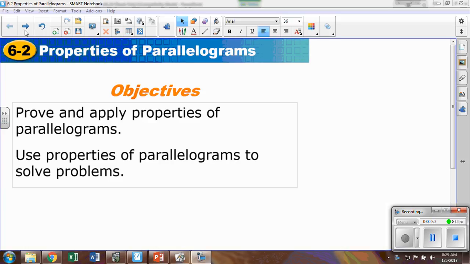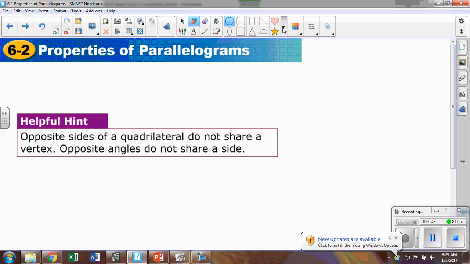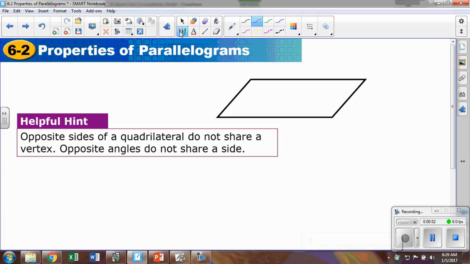In particular, we're going to start off and note just a basic terminology. Whenever we talk about opposites, of course, opposite sides would be top and bottom, left and right. That part's easy. But when we're discussing opposite angles, and where's my parallelogram? If we're discussing this angle, which one is opposite that?